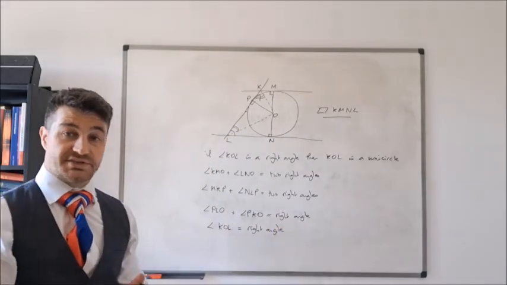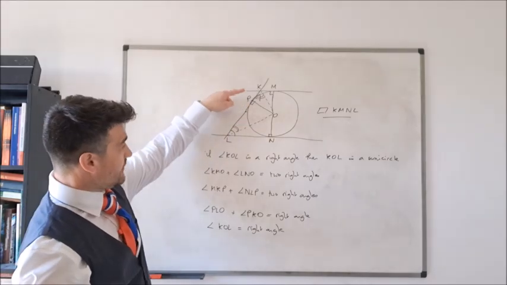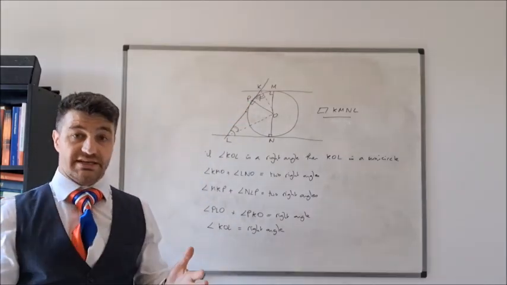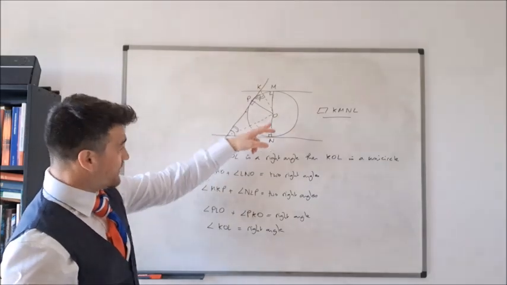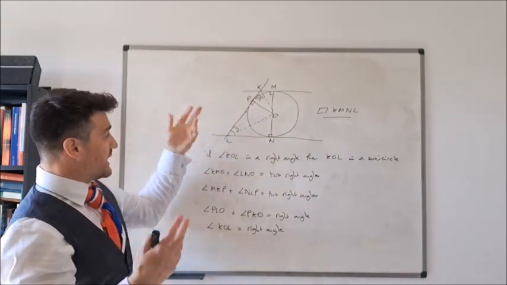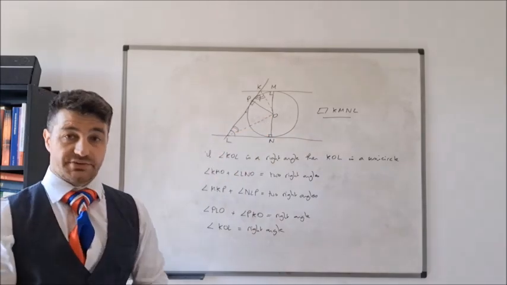And therefore, because the angle in a semicircle is a right angle, KL must be the diameter of some suitable semicircle, and therefore completing the circle, I get a circle with diameter KL, and which passes through the point O.